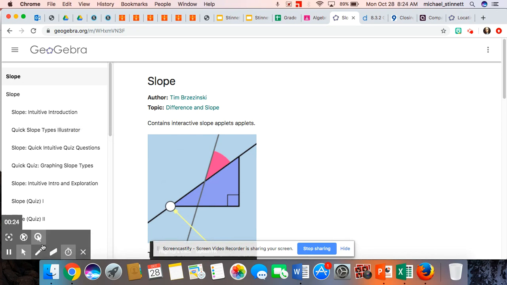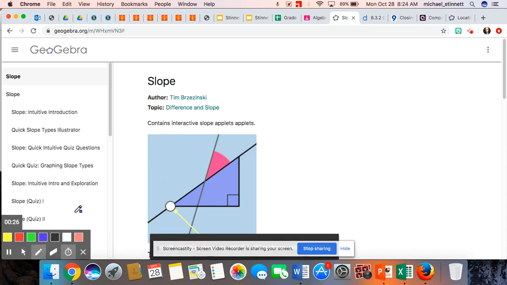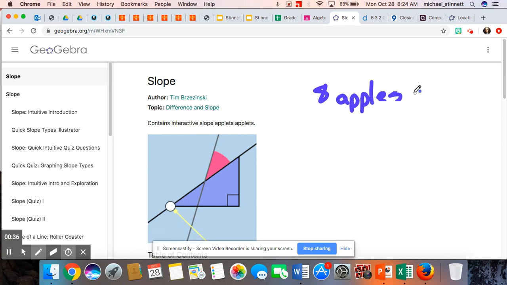So let's say I had eight apples for $4, right?